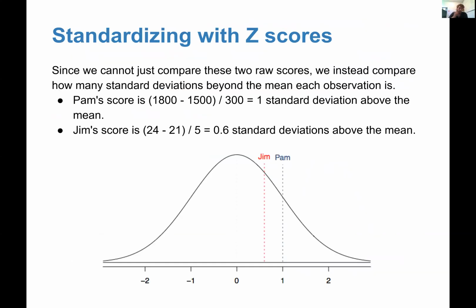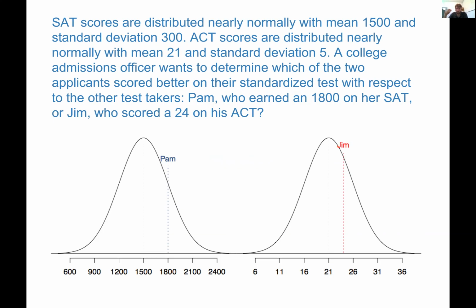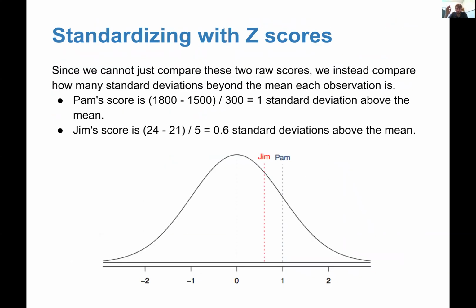So if we standardize both of those normal curves and put them on the same curve, then instead of measuring actual points, we measure how many standard deviations away from the mean each of them is. Pam is exactly 1 standard deviation away. We can find that by taking her score minus the mean for SAT, divided by the standard deviation.